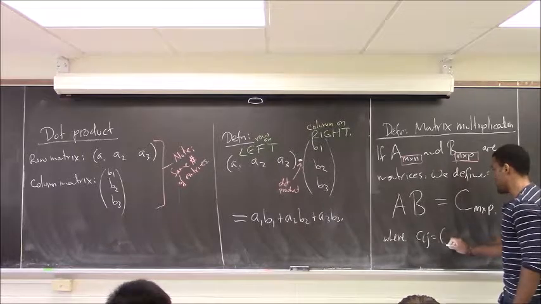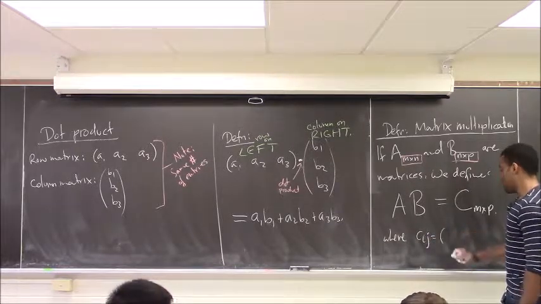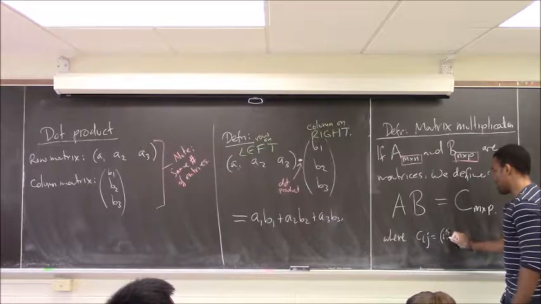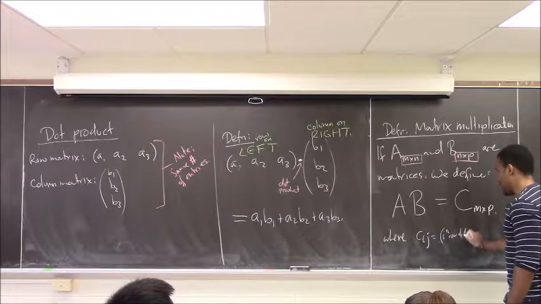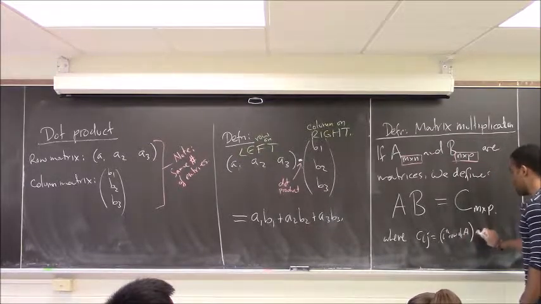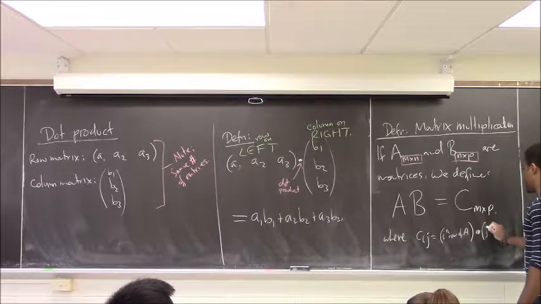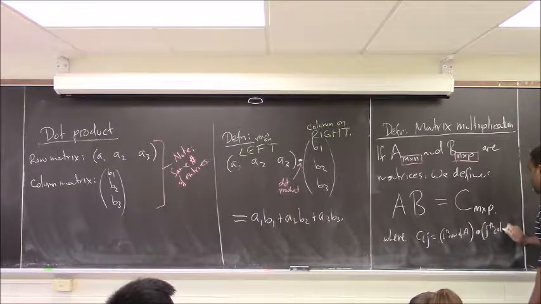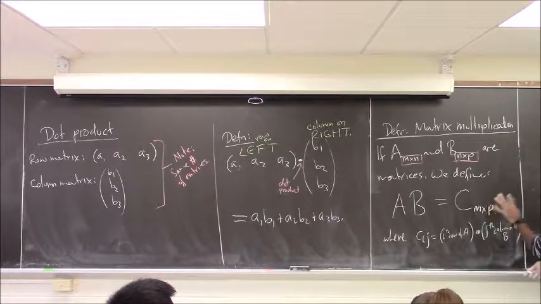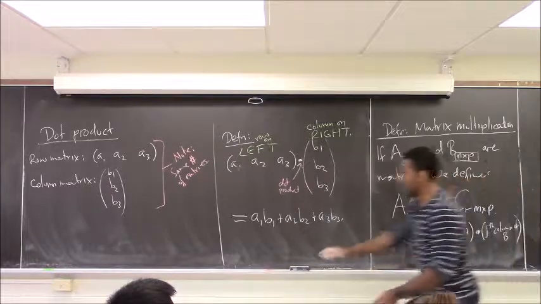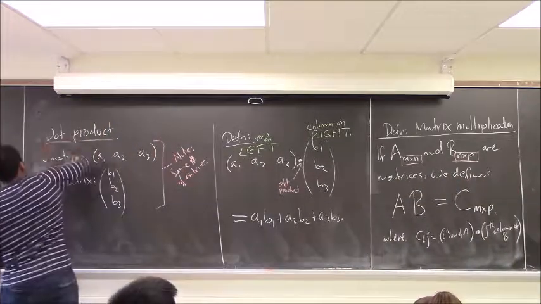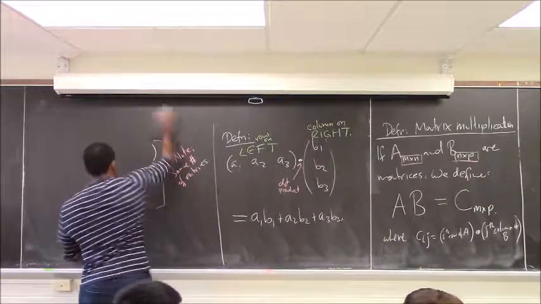What you put in the ij position is going to be the ith row of A dot product with the jth column of B. You do that every time to compute each component of C. And that's matrix multiplication. So let's actually see how that's going to work out.